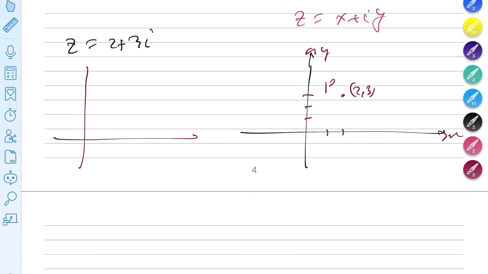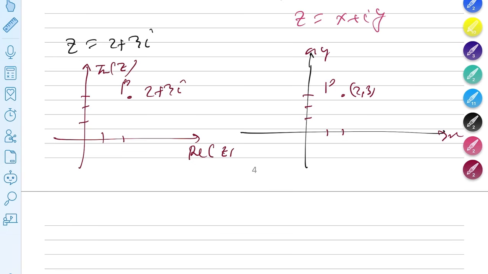We draw the Argand plane, where we write the real part of z axis and the imaginary part of z axis. Here again 1, 2, 1, 2, 3. This is the point 2 comma 3, but we write it not as a point P, 2 comma 3, but as 2 plus 3i. So the representation of a complex number is similar to the representation of a point in a Cartesian plane.